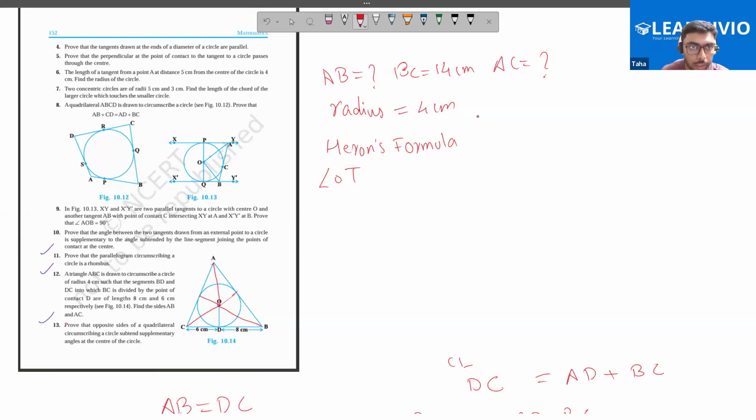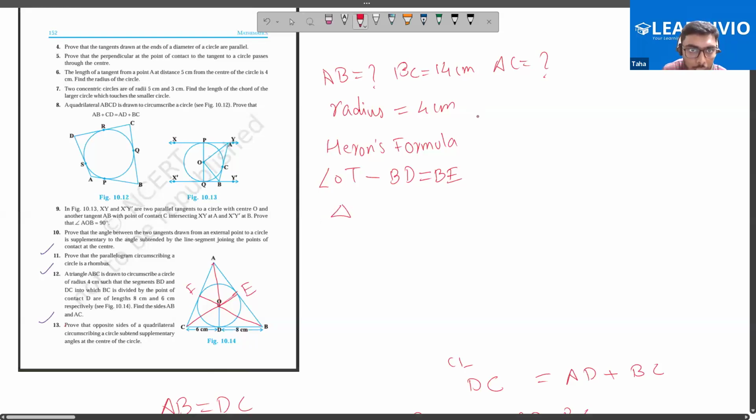Now what you can observe here, let us name these points. This is D, let us name this E, and this as F. What you can observe here in length of tangents, first of all, is that BD is extending to tangents. That means BD is equal to BE, right? If that is going to be the case, can we say that these two triangles are congruent to each other by RHS?